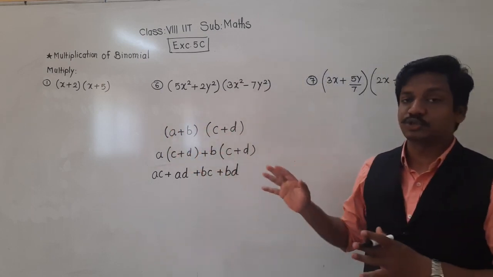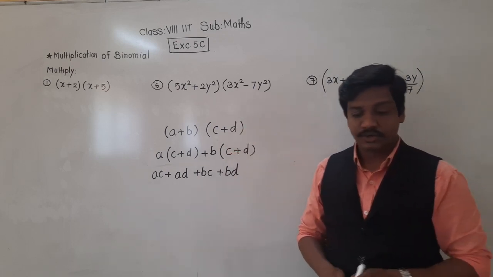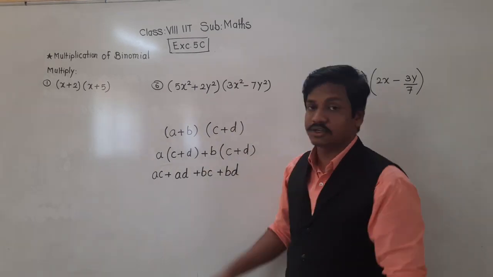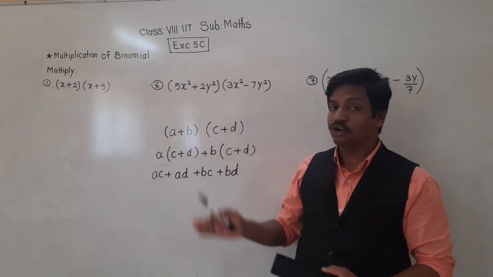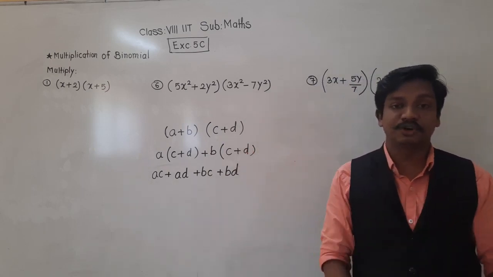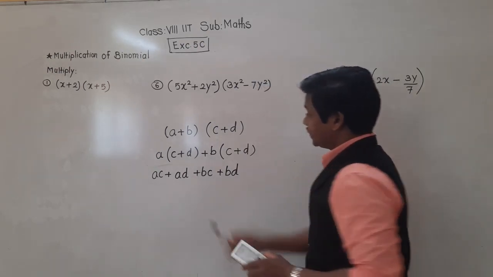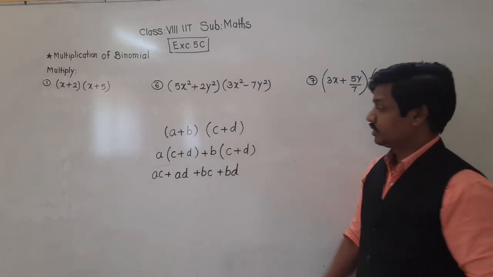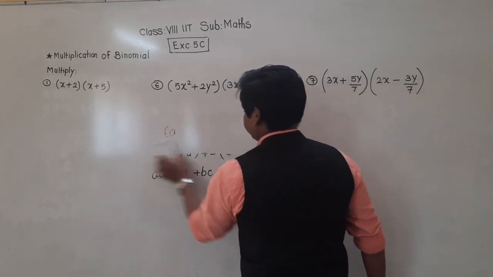In this way we multiply binomial by binomial. This is the first part of this concept. Another part is multiplication of trinomial by binomial, which we will learn tomorrow. Keep this in mind and write it in your notebook. It is the generalized formula of multiplication.